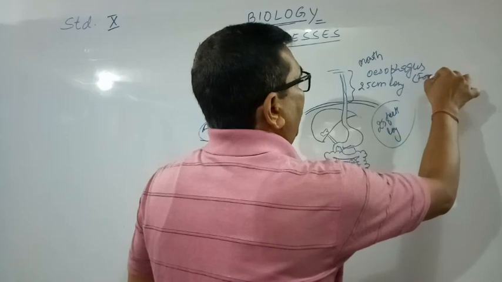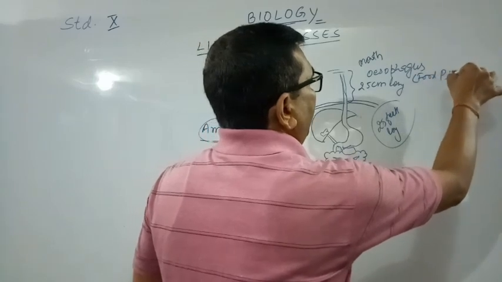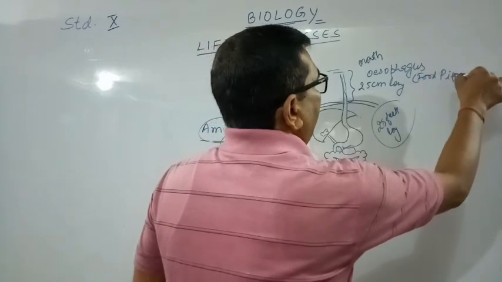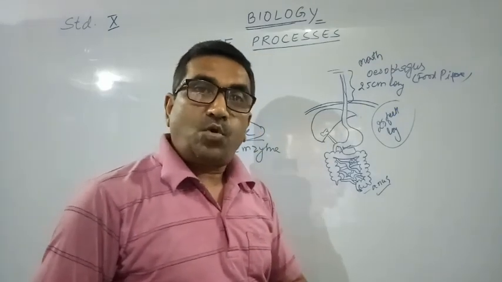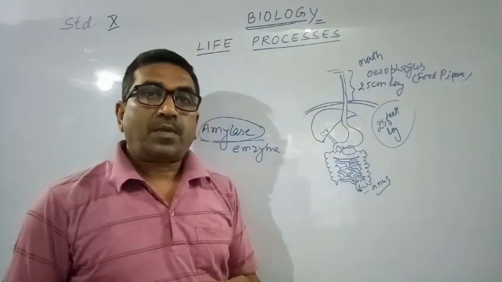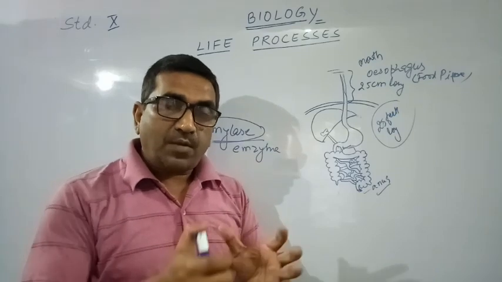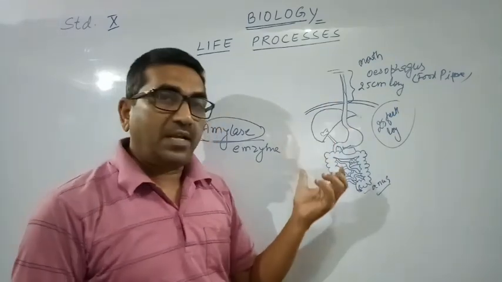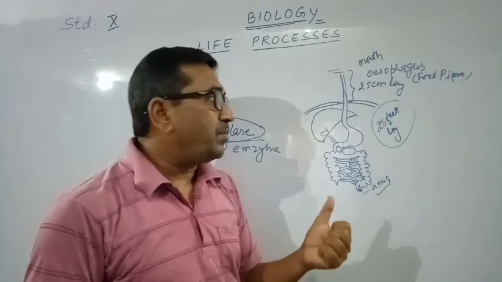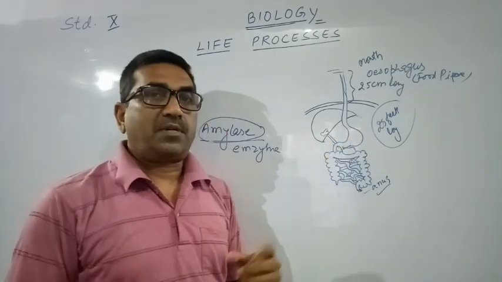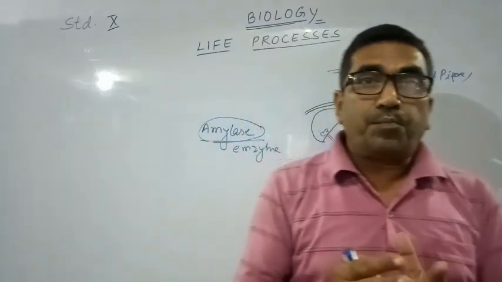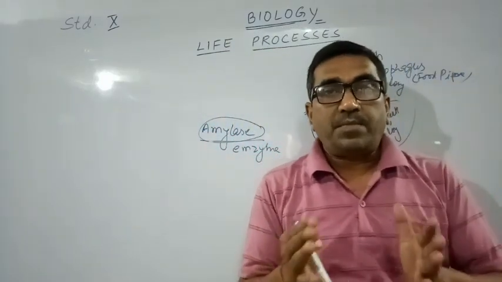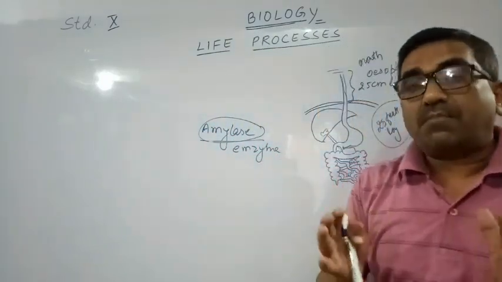No digestion takes place in the oesophagus. Only the peristaltic movement of the oesophagus makes the food slip down to the stomach. In the alimentary canal, the stomach is the broadest part, meaning its diameter is the maximum.